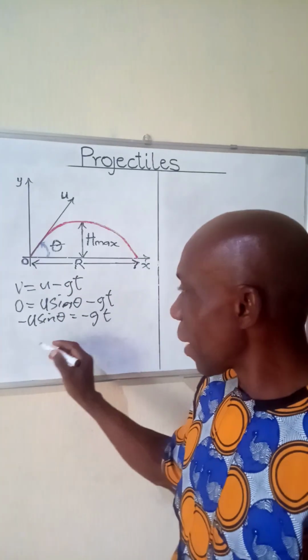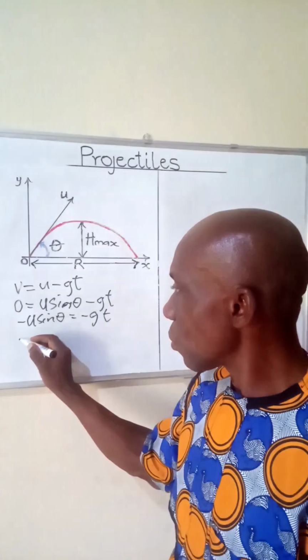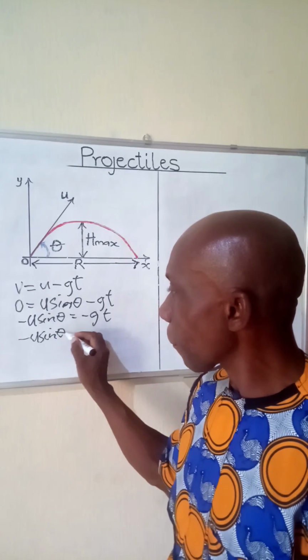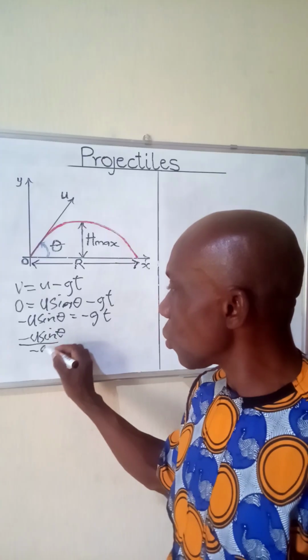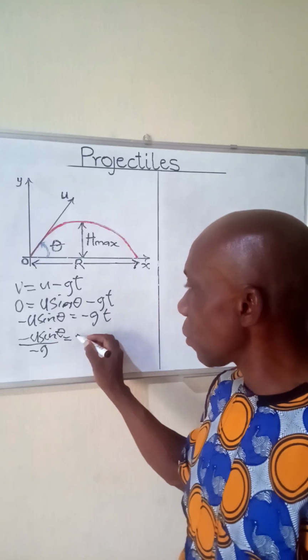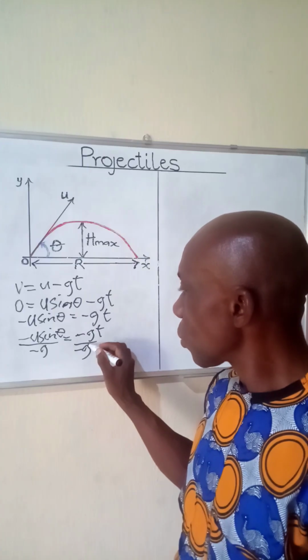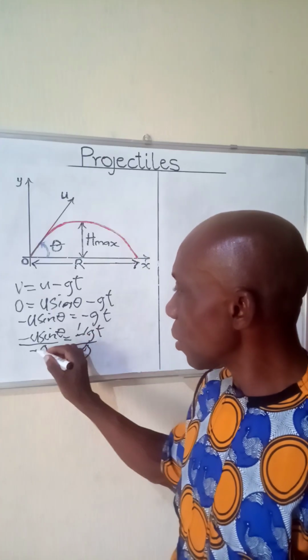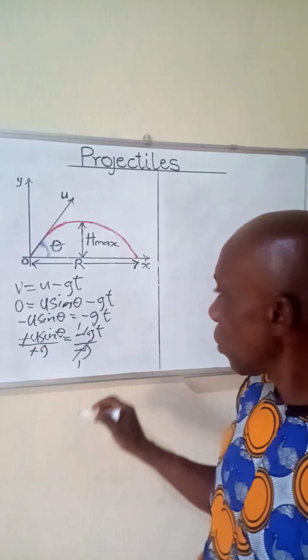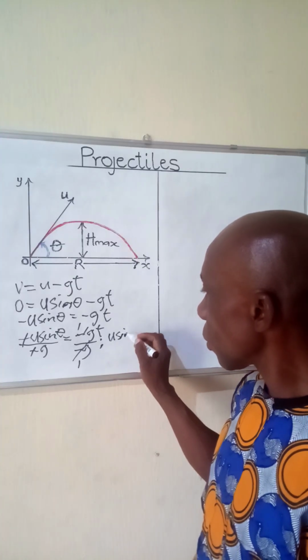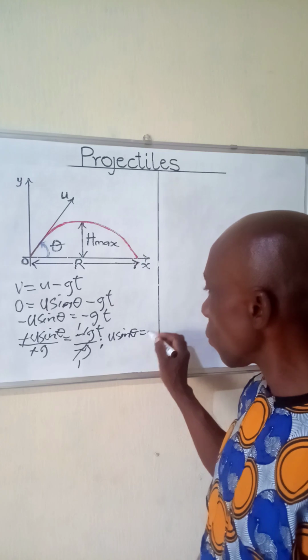We divide both sides by minus g, which is a coefficient of t. We have minus u sine theta divided by minus g equals minus gt divided by minus g. So minus g will cancel minus g. The negative signs will also drop off, leaving us with u sine theta over g equals t.